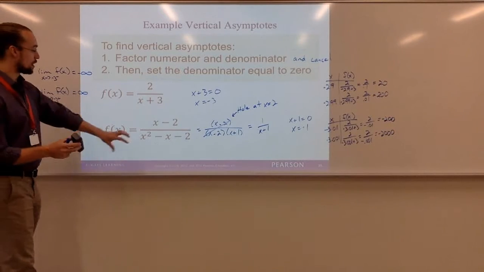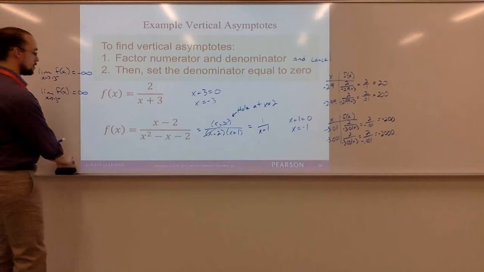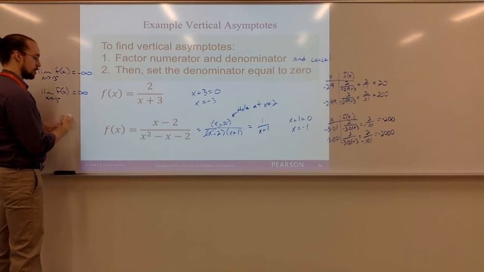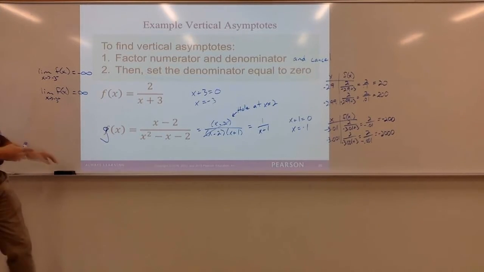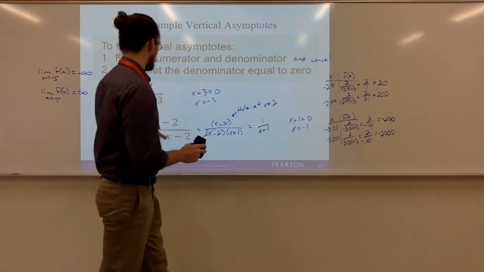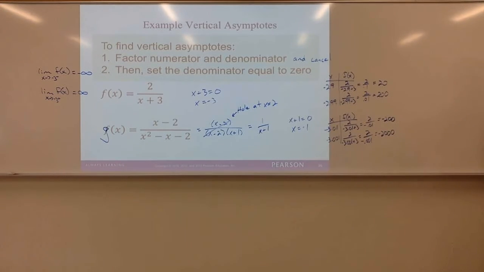Alright, then you guys try this second one here. Okay? I guess I should have made these two different functions. I should have made this g. Right? Tell me the limits as g of x approaches negative 1 from the left and negative 1 from the right.